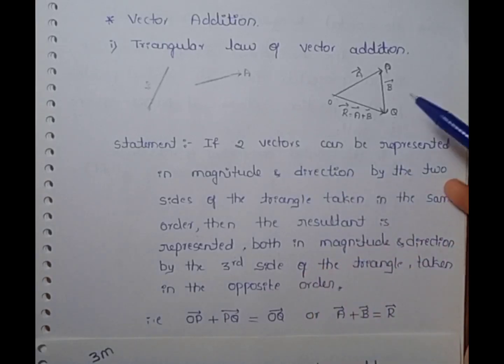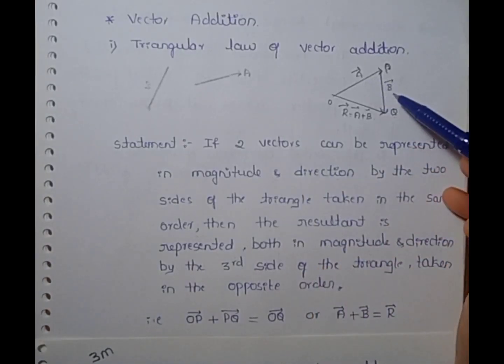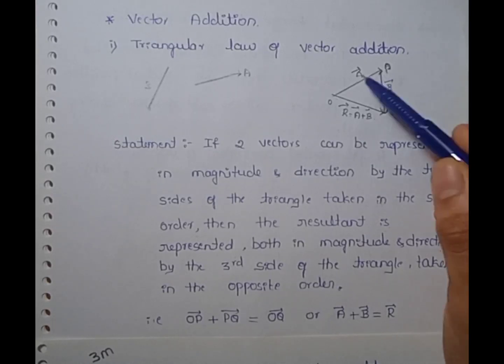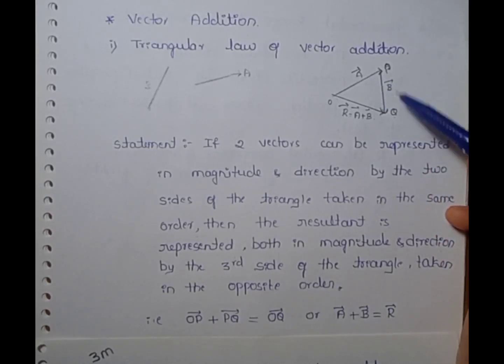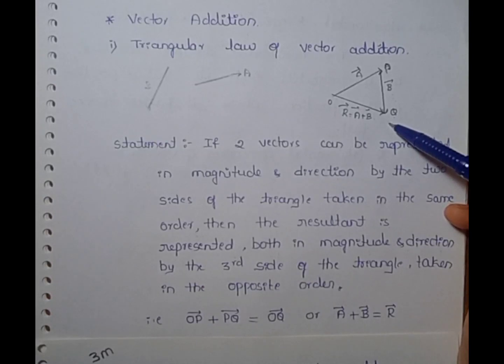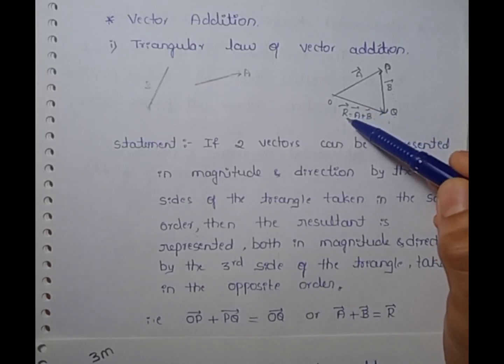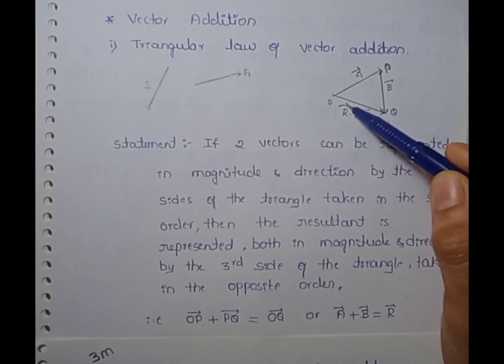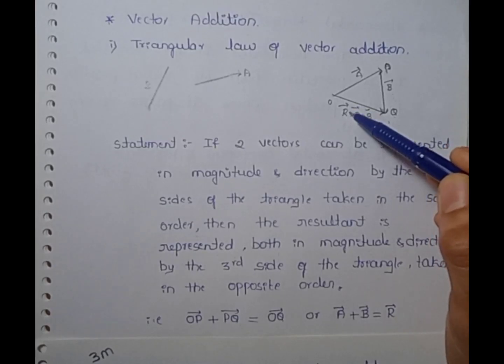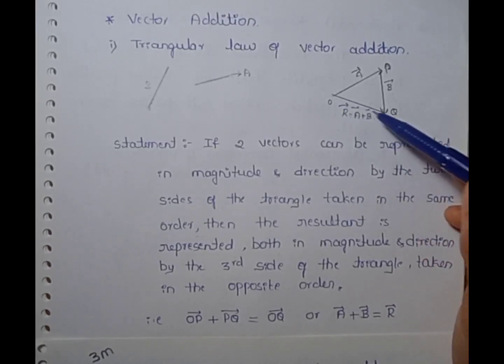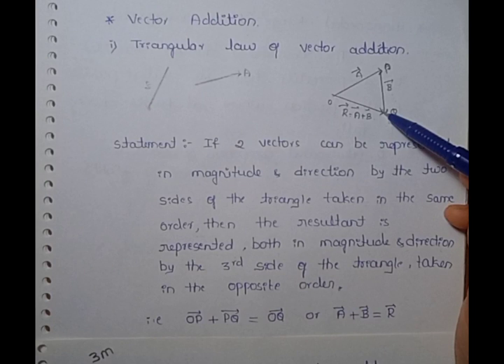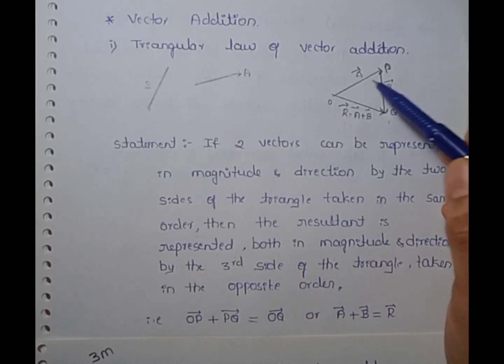If two vectors, let them be vector A and vector B, are represented in magnitude and direction by the two sides of the triangle which are taken in the same order, then the resultant R is represented both in magnitude and direction by the third side of the triangle which is taken in opposite order.